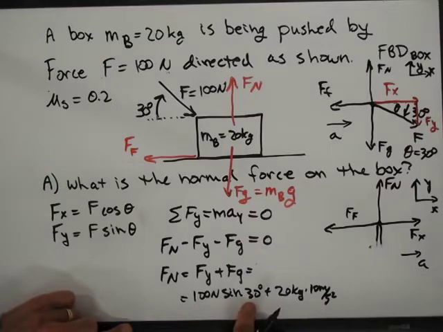Right? Sine of 30 is 0.5, so times 100 is 50, plus 200 is 250 newtons.